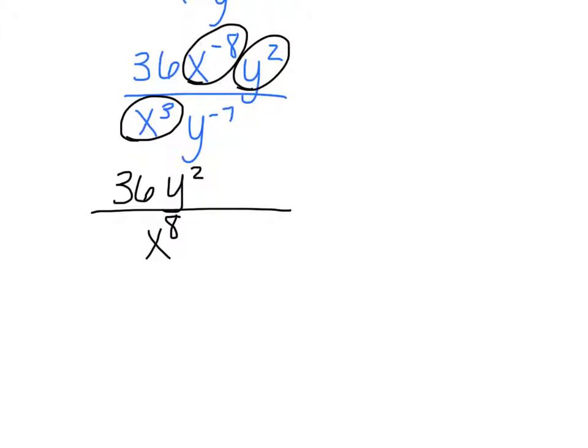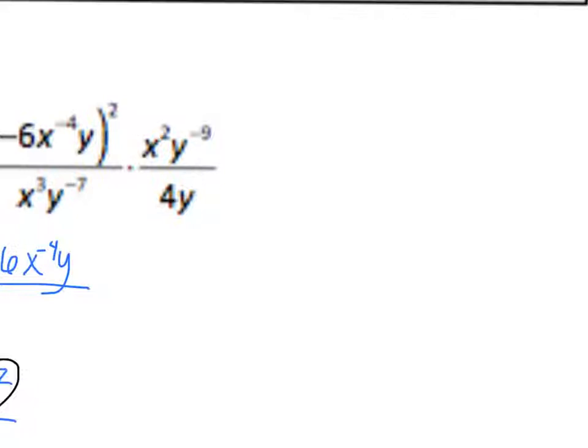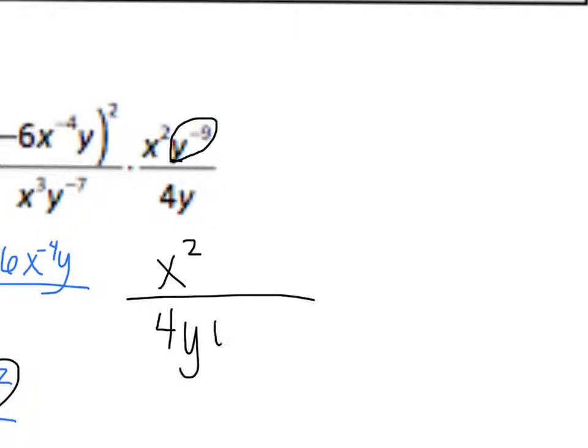X to the 3rd is going to stay where it's at because it's positive. And y to the negative 7th is going to go to the top and become positive. So I'm going to go ahead and simplify: 36 y to the 9th over x to the 11th. So that's the first chunk. Now I got to do the second chunk. So nothing really to simplify, but I do need to move this negative 9. So x to the 2nd stays because it's positive. 4y stays, but it's going to be joined with a y to the 9th from the top because it's got to change.